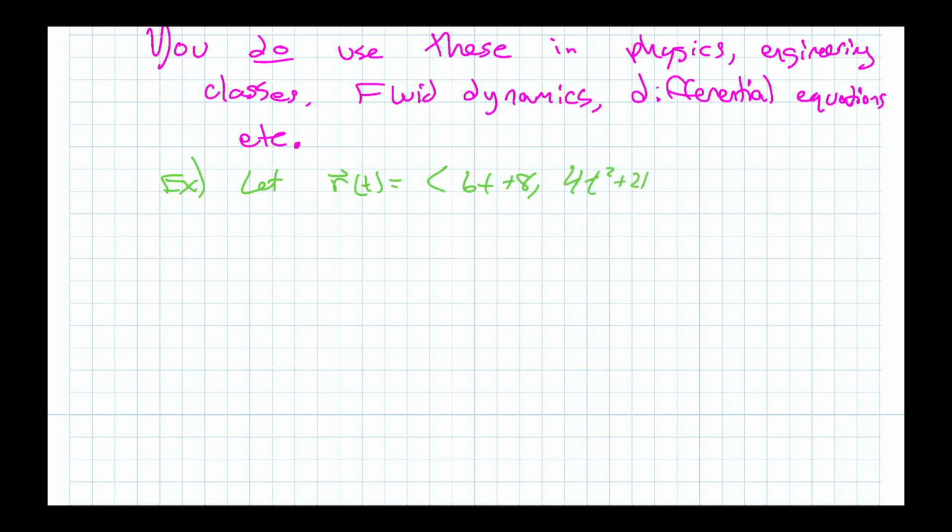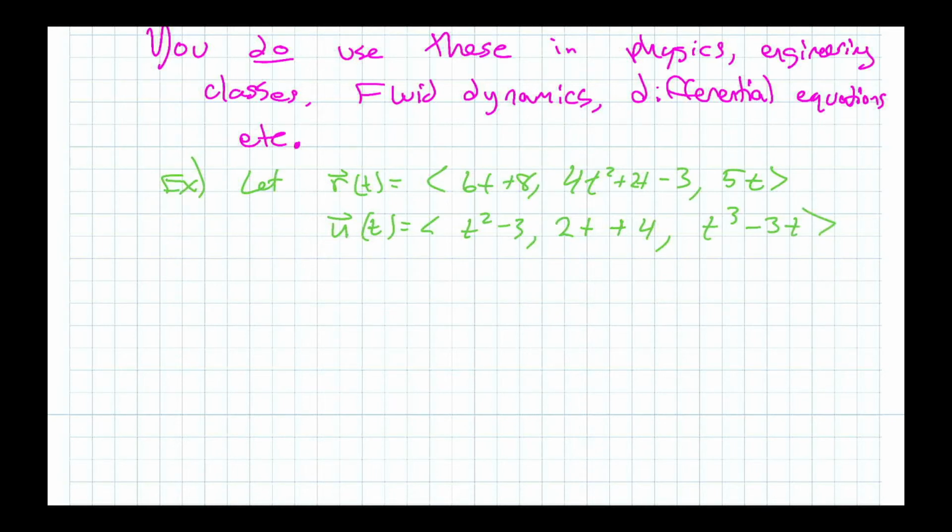Let u be another vector: t squared minus 3, comma, 2t plus 4, comma, t cubed minus 3t. Okay, so we got two vectors.